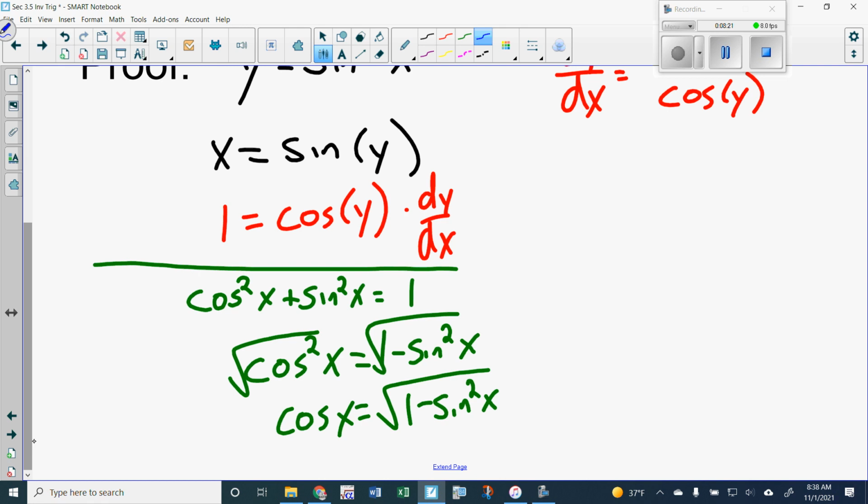This would only be true if cosine was what? Positive. Cosine has to be positive. Well, of the 4 quadrants, in what quadrants is cosine positive? 1 and 4. Okay.